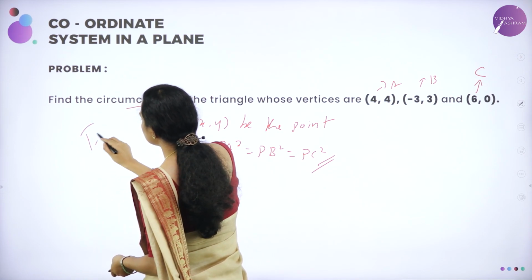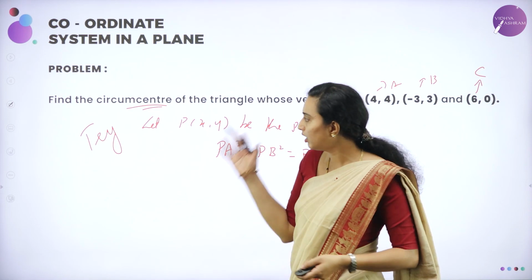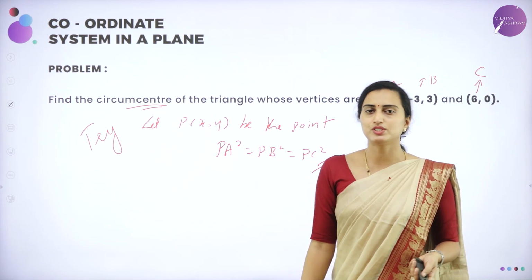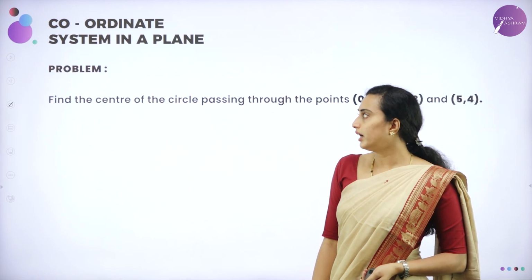Try over this. Same procedure you are going to have for all the problems of this one. Understood? Finding x and y is the circumcenter. That's it. How we have found out there. Understood?